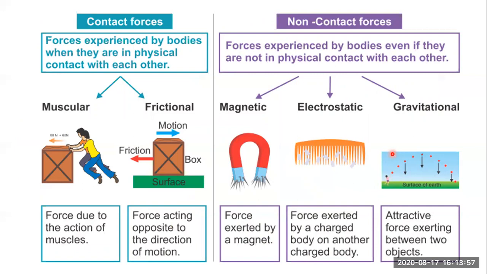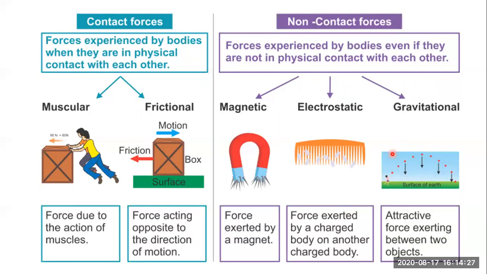The contact forces are experienced by bodies when they are in physical contact, say muscular forces, pull or push, and due to the pull or push, there may be a surface force. The surface forces are generally in between any two contact surfaces, and this is due to the relative motion between those two interacting surfaces. Say friction.